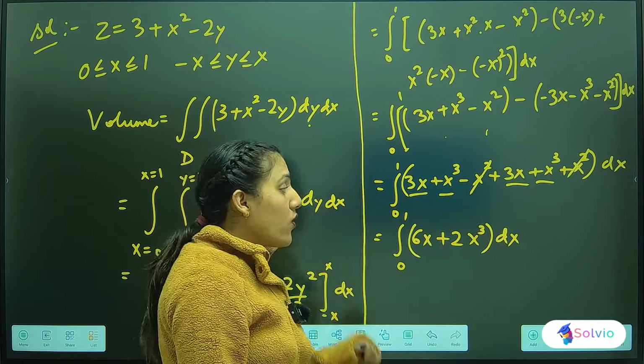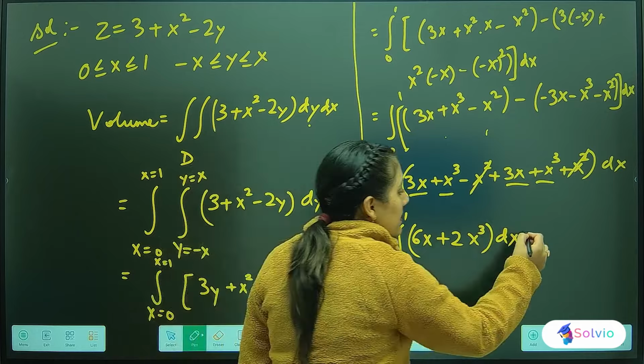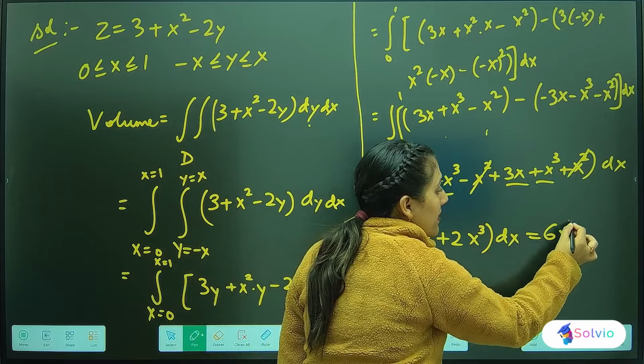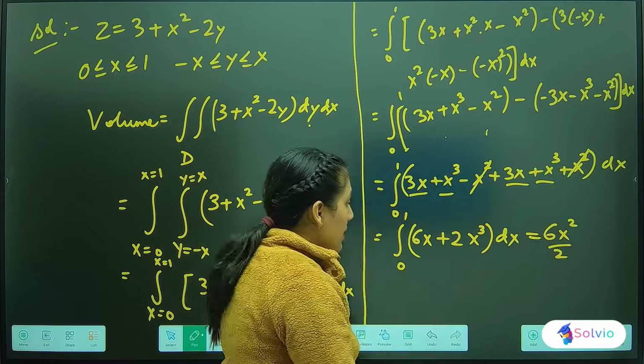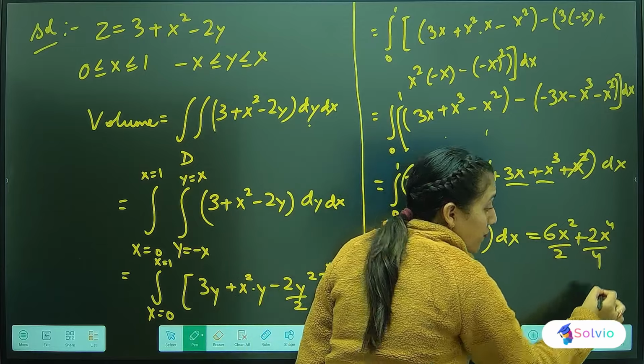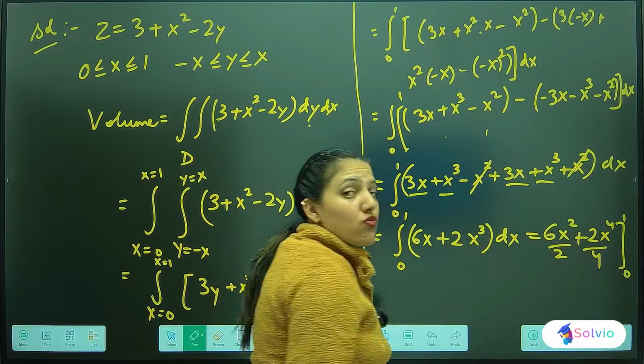Clear? Now I will integrate this with respect to x. So this becomes 6x^2/2 + 2x^4/4, and the limits go from 0 to 1.